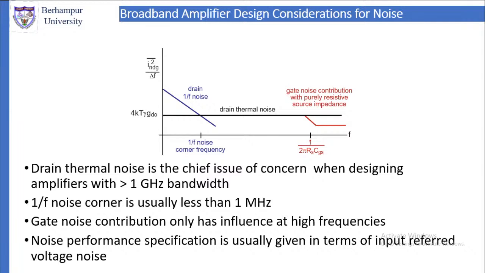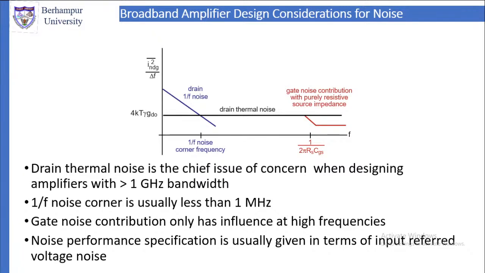So drain thermal noise is the chief issue of concern when designing the amplifier with more than 1 GHz bandwidth. 1/f noise corner is usually less than 1 MHz because frequency is small. Gate noise contribution only has influence at high frequencies when omega is greater than 1/(Rs into CGS) or f is greater than 1/(2π Rs into CGS).